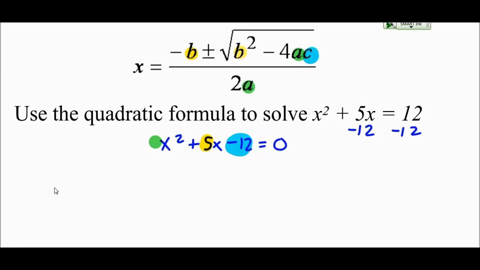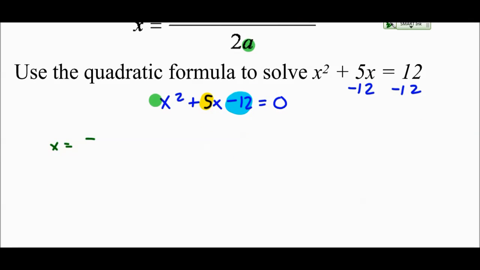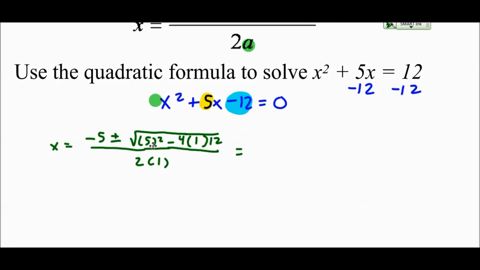So I have x equals negative b, so negative 5, plus or minus the square root of 5 squared minus 4 times 1 times 12. That's 4ac, all over 2 times 1. Now this is all well and good, but the biggest problem is you need to simplify it. You can't just leave it like this, kind of ugly.